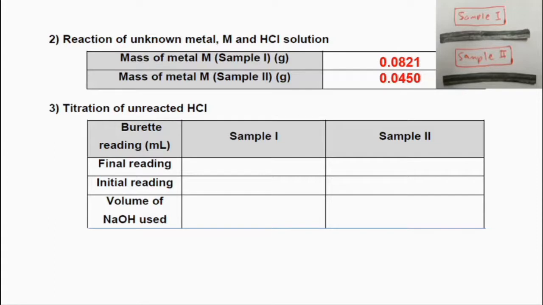Remember, since you were using an analytical balance, your mass readings must be 4 decimal points. And then for the next titration with unreacted hydrochloric acid, here we have two columns: the first column is for sample 1 and the second column is for the reaction with sample 2.